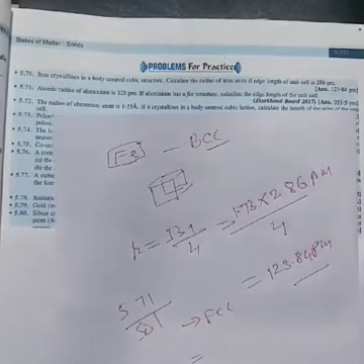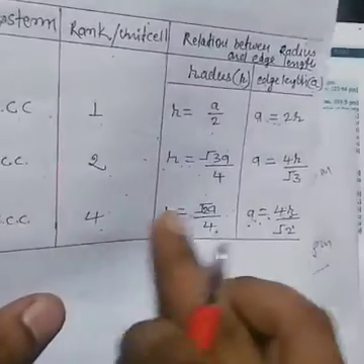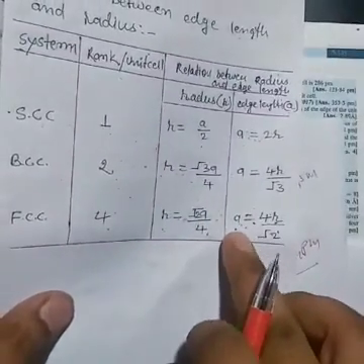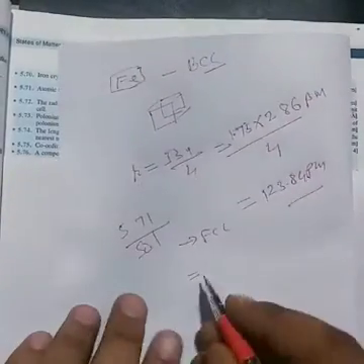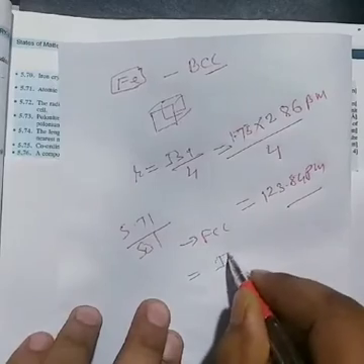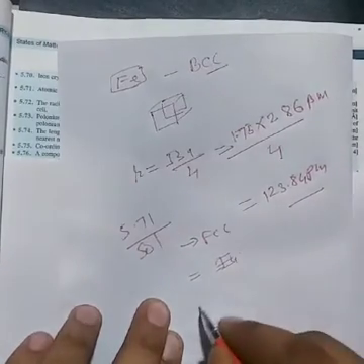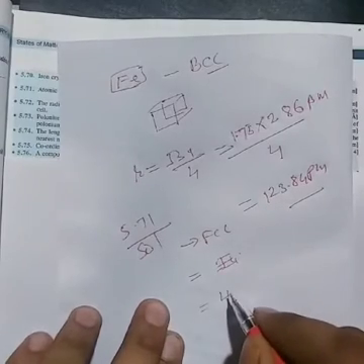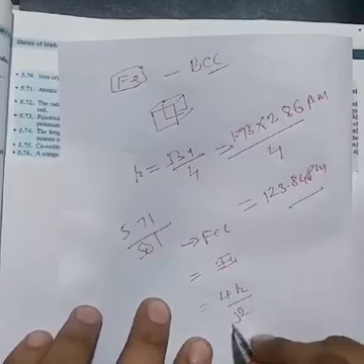Now the FCC formula is a equals 4r under root 2.